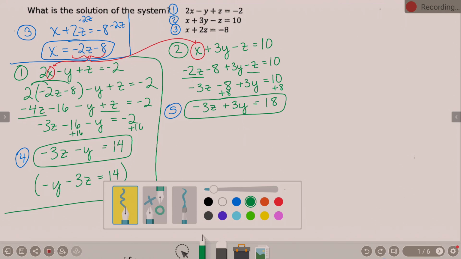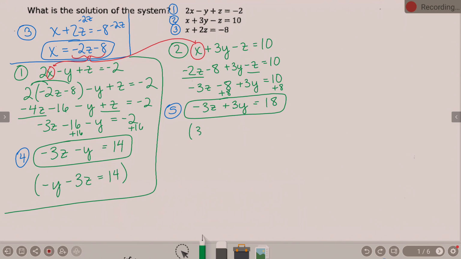However, if that whole zy thing is bothering you, you could instead flip this and say 3y minus 3z equals 18. Okay, your choice there. The key is you need them in the same order. Okay. And now we pick up on the same process we were doing last week with elimination.